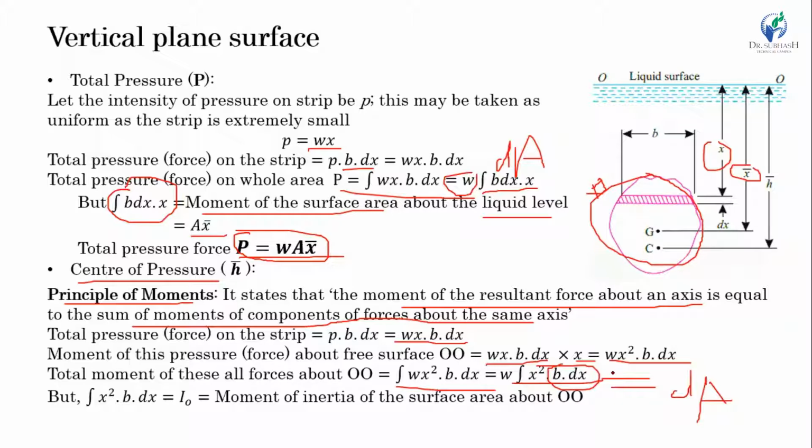So it is nothing but the moment of inertia of the area about the free surface of liquid, called I0, in other terms the second moment of the surface area about the free surface, denoted as I0.